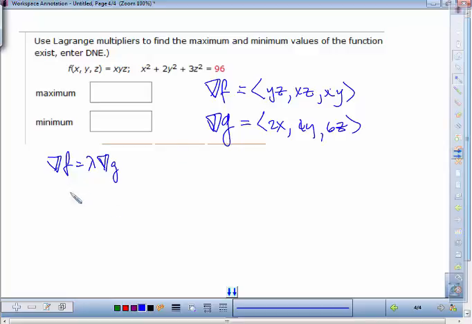The first one is yz is equal to lambda times 2x, and then we have xz is equal to lambda times 4y, and then xy is equal to lambda times 6z.